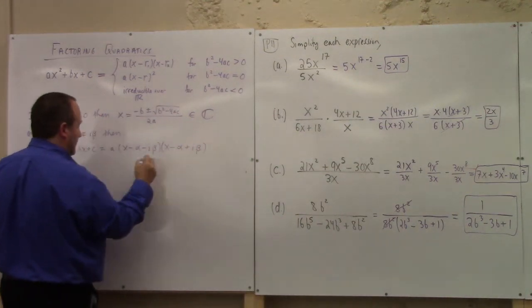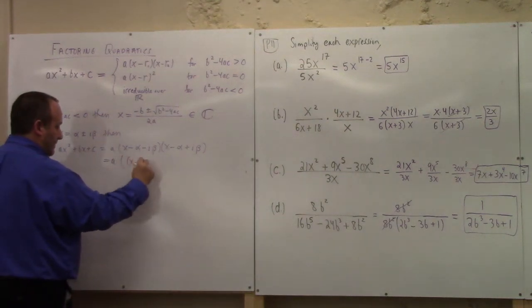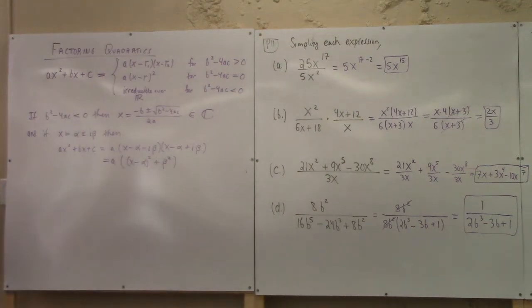That's how it works. And when you multiply that out, that is (x minus alpha) squared plus beta squared. This is the theory in a nutshell. If the discriminant is negative, it factors over the complexes, but it can't over the reals.